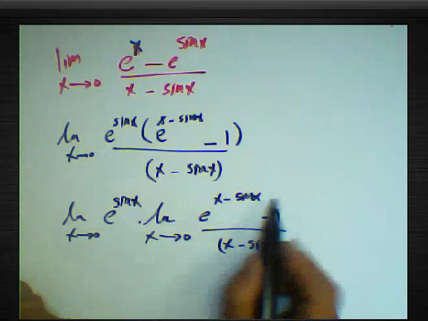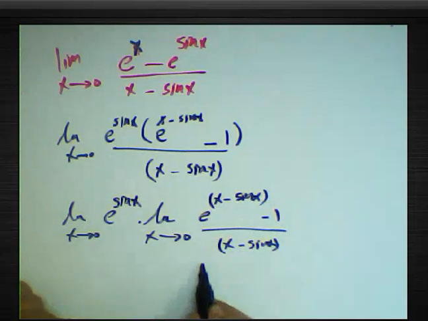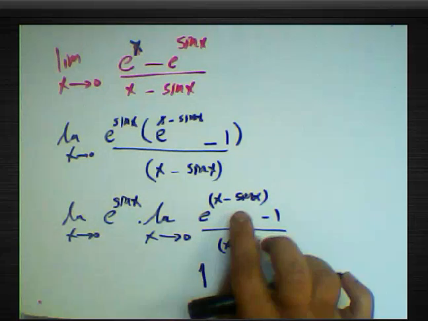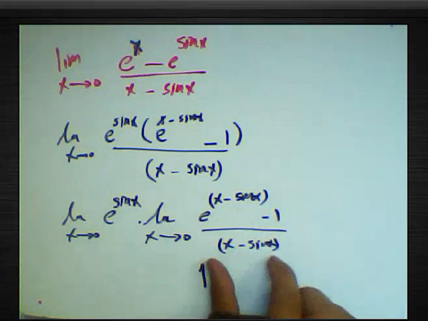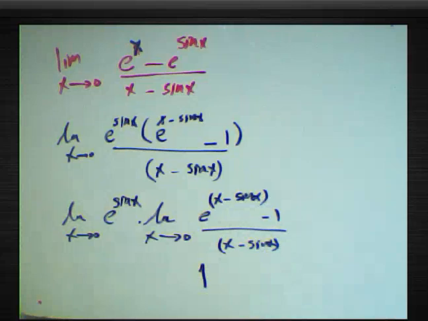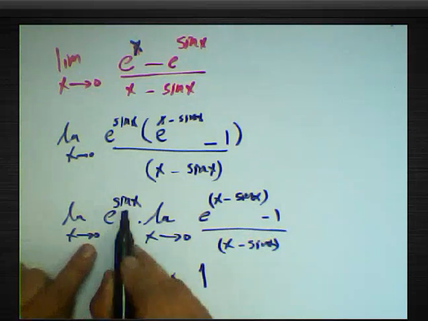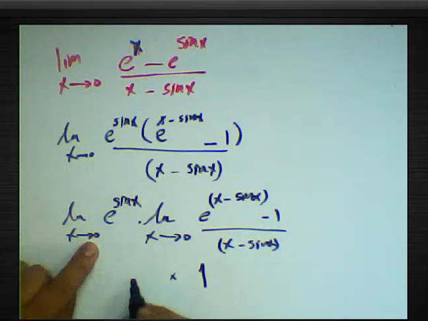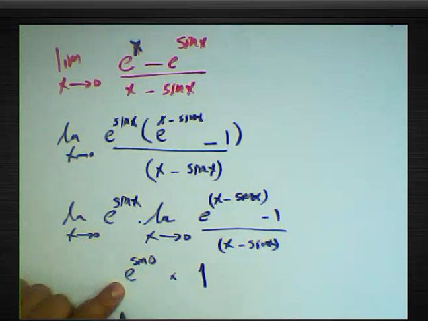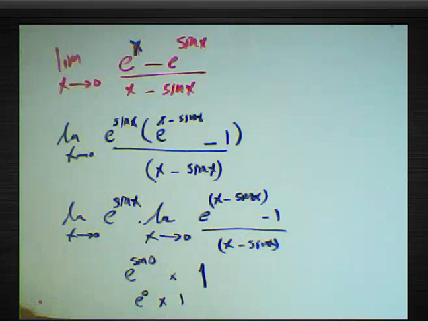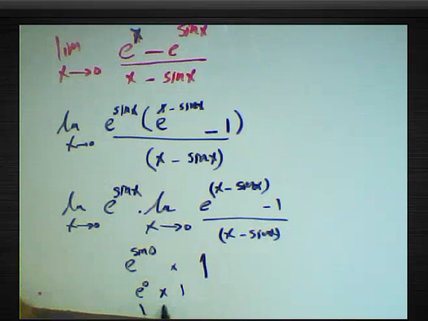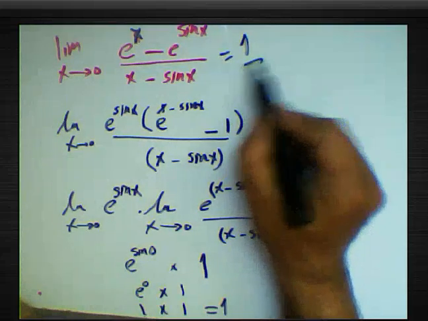The base here is like the power, so the result here will be 1: e to the power angle minus 1 over this angle, the result will be 1. Multiplied by what? Put x equals 0 here, it will be e to the power sine 0. Sine 0 equals 0. E to the power 0 multiplied by 1. E to the power 0 equals 1. 1 times 1 equals 1. So the result will be 1 for this example.